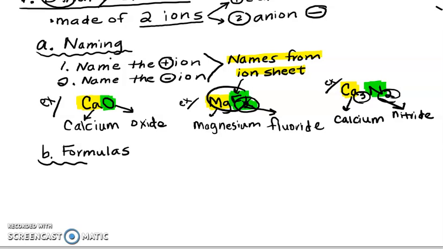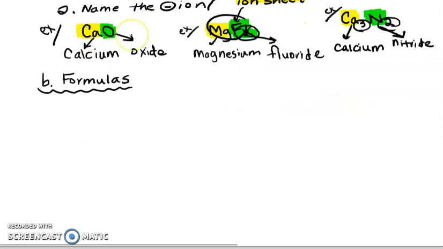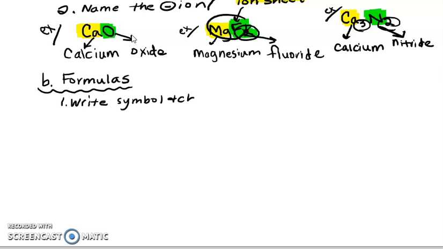Now this one takes a little bit more time. To write formulas for binary ionic compounds, it's going to take a couple little steps. The first thing you're going to do is write down the symbol and charge of the positive ion.